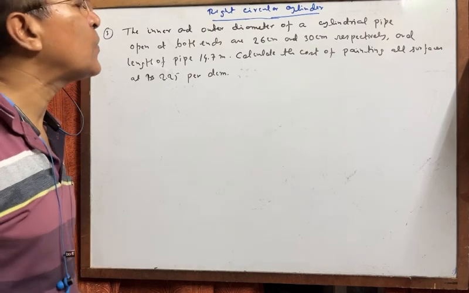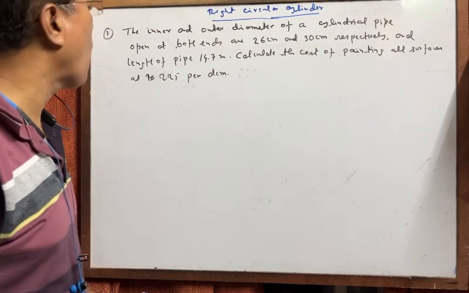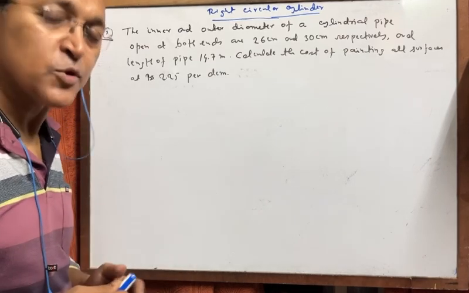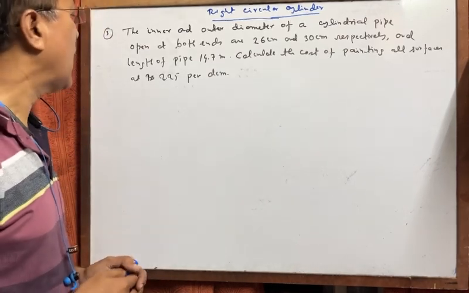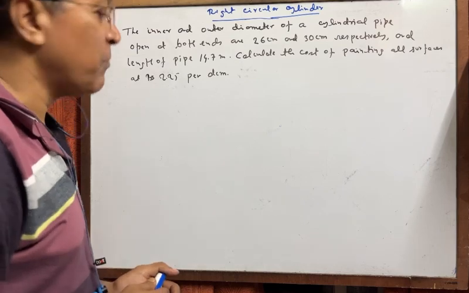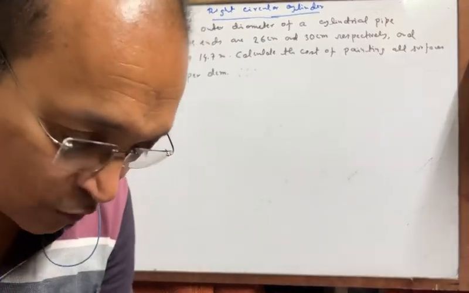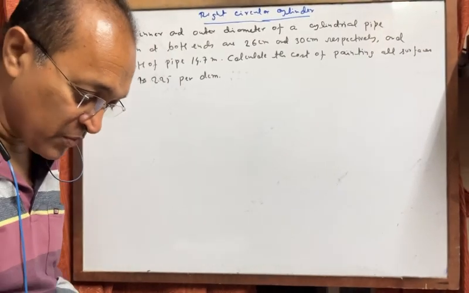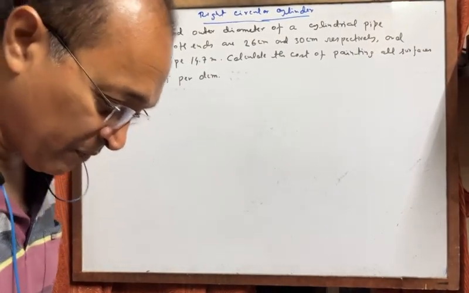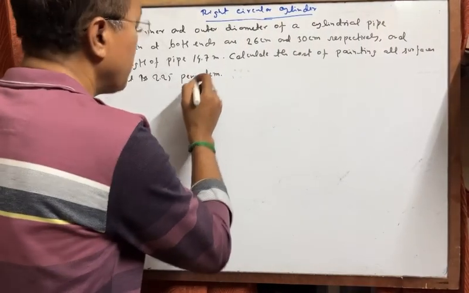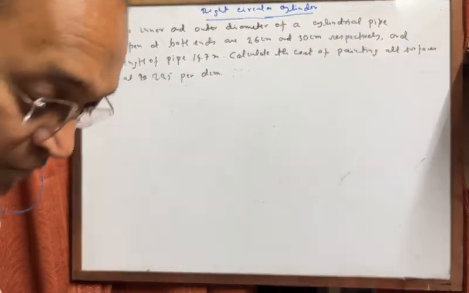We have to calculate the cost of painting the entire surface, that is outer surface, inner surface, all the surfaces of the pipe at rupees 2.25 per square decimeter.